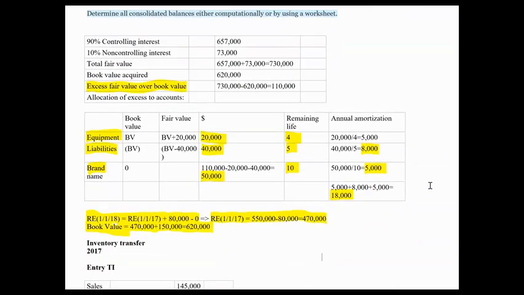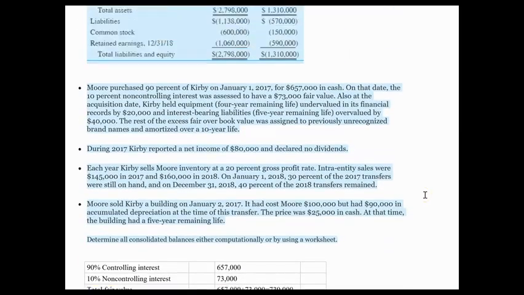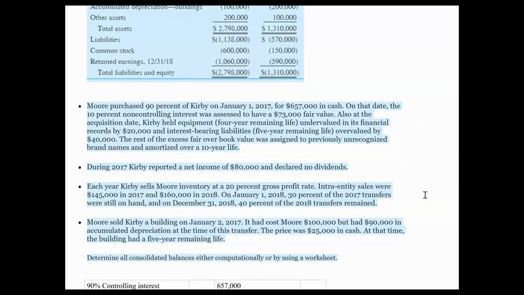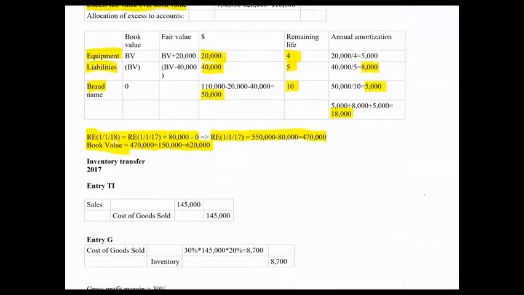Next, let's have a look at some of the consolidated entries. Start with those inter-entity transactions, and there's an inventory transfer from Kirby to Moore. Kirby is the subsidiary and Moore is the parent, which means that this is the upstream transfer.